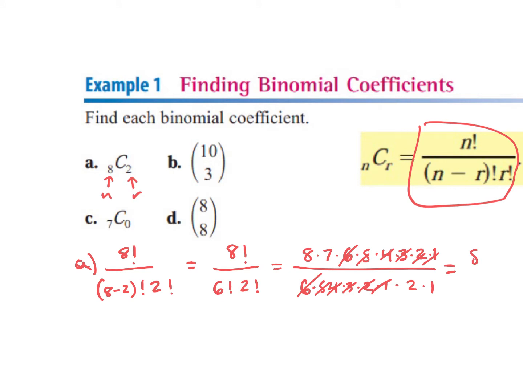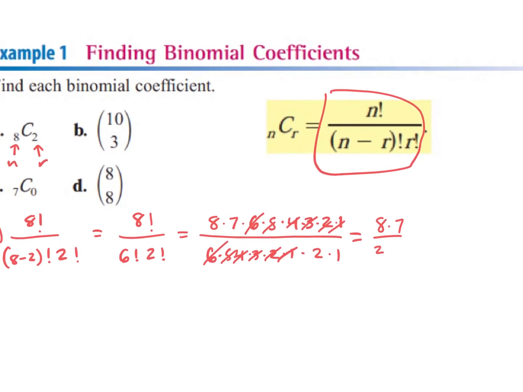So then we're just left with 8 times 7 on the top and 2 on the bottom. You don't even need to write the ones because 1 times anything is itself. So what's 8 times 7? 56 over 2. And 56 divided by 2 is? Yeah, 28.